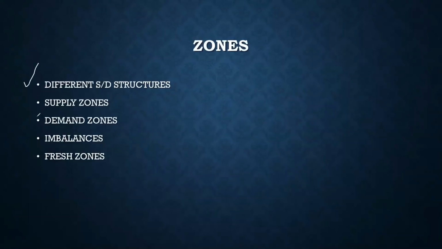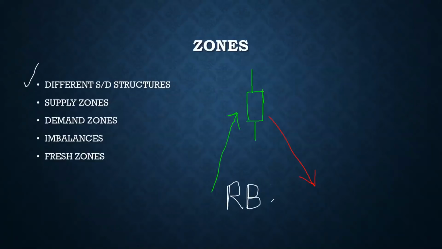So basically how we draw supply zones is we look for something like this. So there was an uptrend. Remember that we're only dealing with reversal patterns here. This is a rally base drop, right?